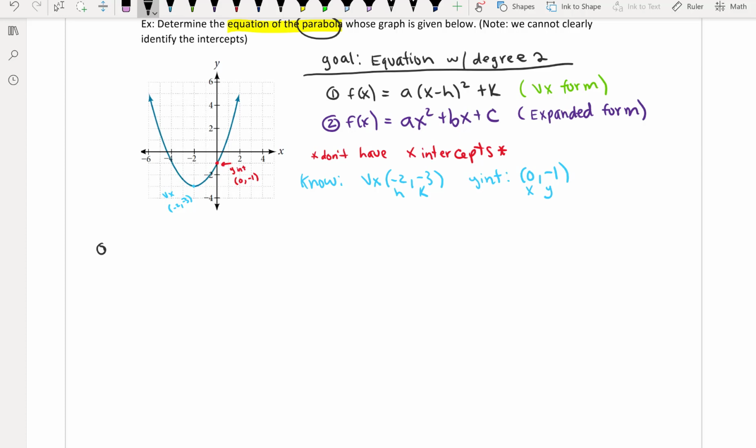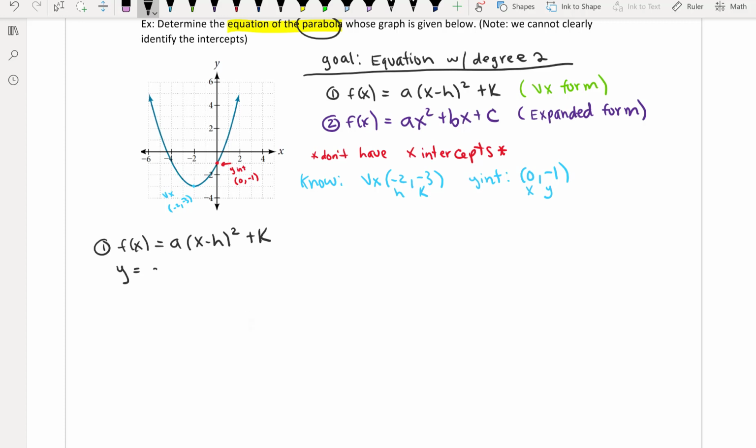Let me rewrite that. Here we go. Okay, now you can see that I was trying to write the first equation. So we have that f of x is equal to a(x minus h) squared plus k. And of course, hopefully by now, you know that f of x is just really a y, okay?